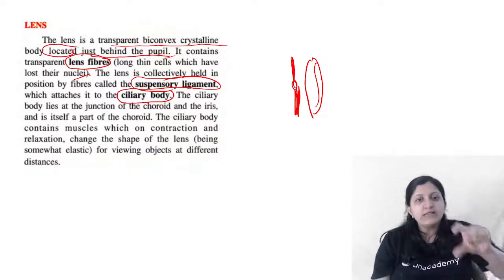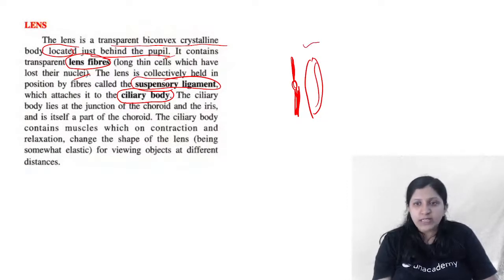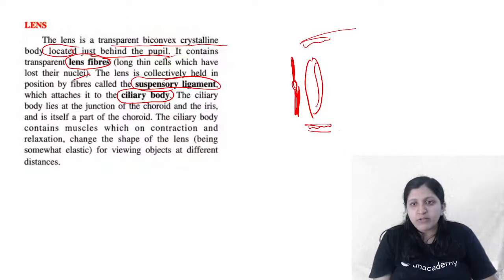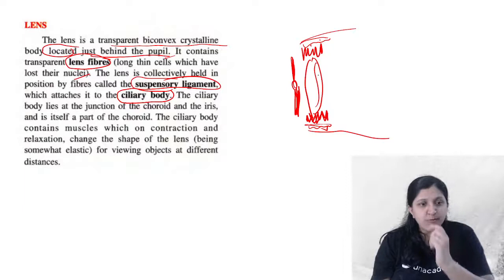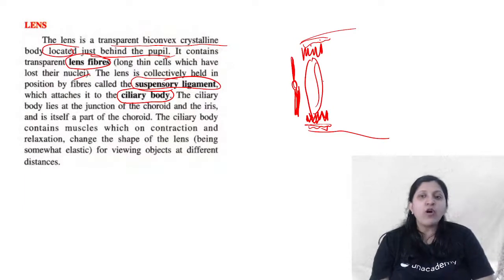So basically the ciliary body is holding. Let's say here the ciliary body was there, and from here also there was a ciliary body. The suspensory ligament makes sure that it holds on to this lens, so the ciliary body and the suspensory ligament hold the lens in a particular position.